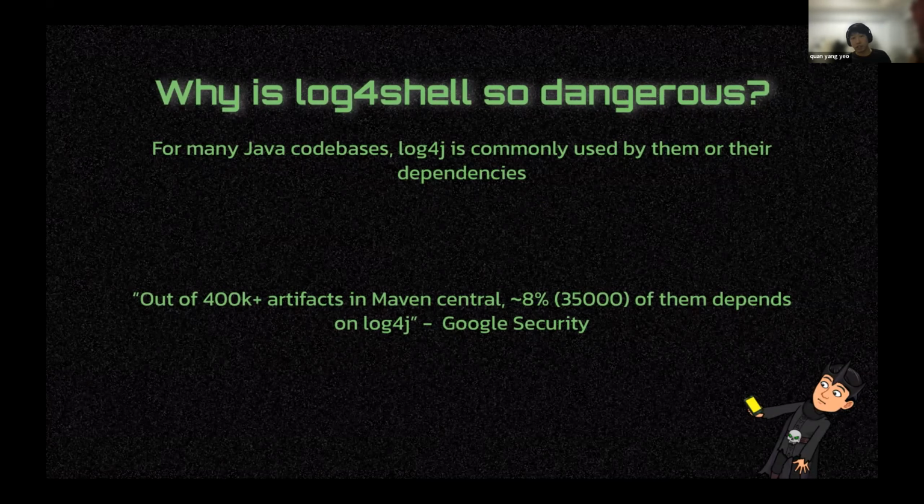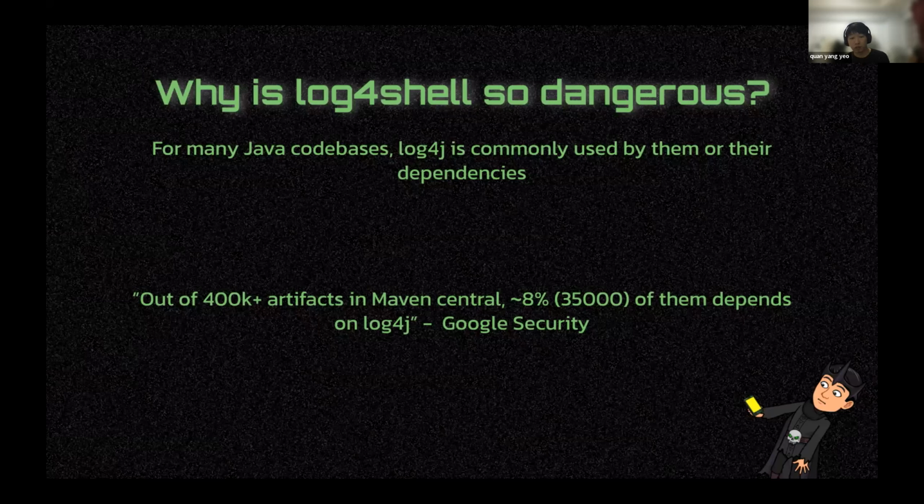And why is Log4Shell so dangerous? For many Java code bases, log4j is a very commonly used dependency. And even if a code base doesn't use log4j, one of its dependencies might be using log4j. According to Google, a lot of packages on Maven Central are using log4j, like 8% of them.